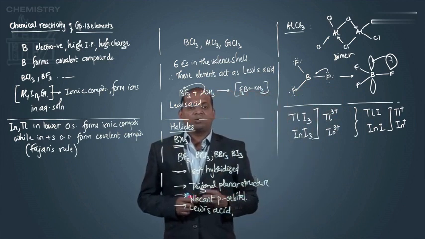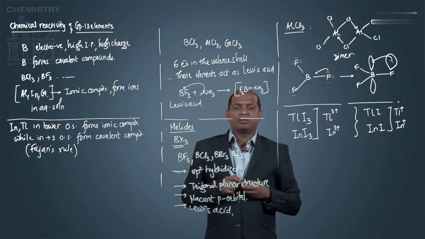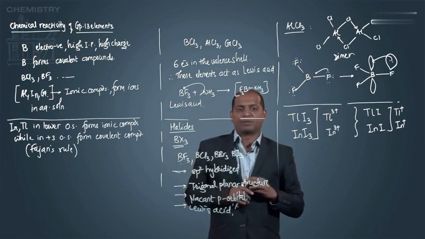So this is all about the halides. Then we will see a few more periodic properties and then we will go for the compounds of boron and the properties of boron. Thank you.